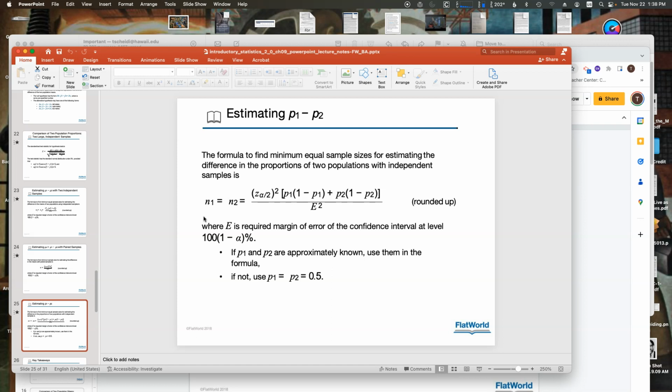And then finally, once we've been able to calculate our sample sizes with two independent samples versus paired samples, we can calculate the difference in the proportion of the populations with some error level. And so that's estimating the difference between the two proportions.